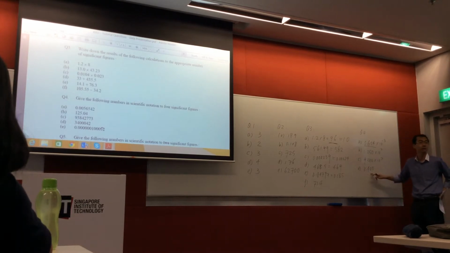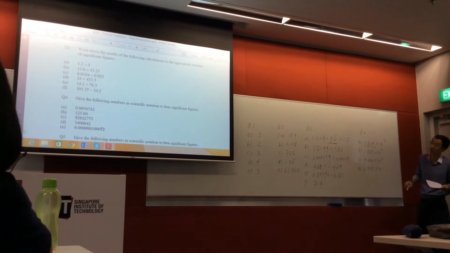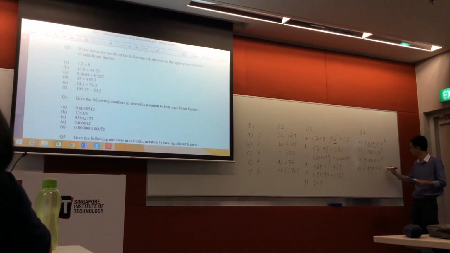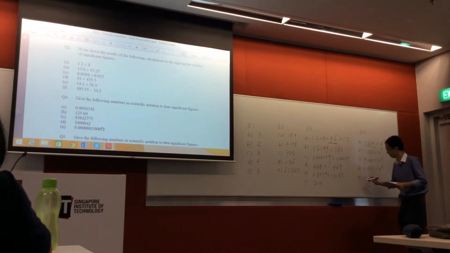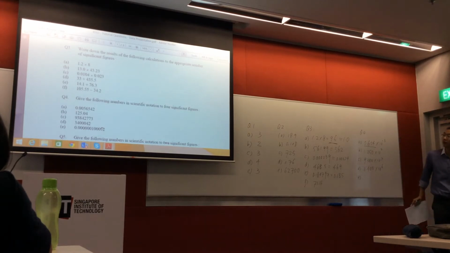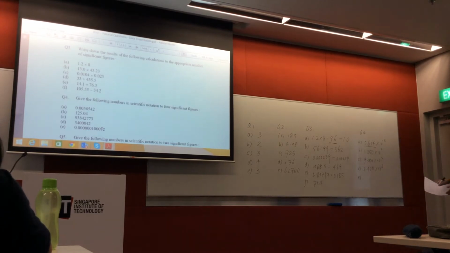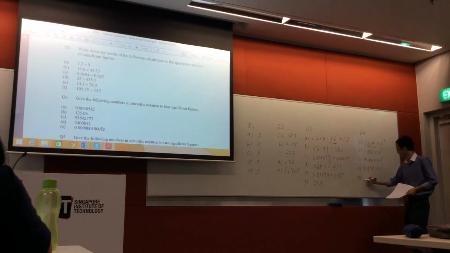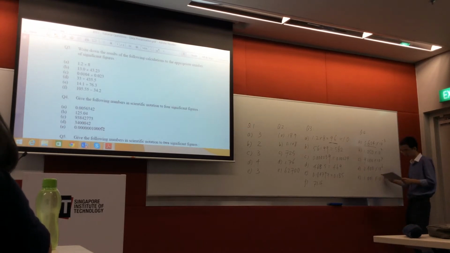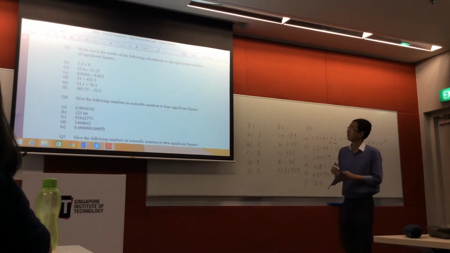Yeah. You need 2 more zeros. Times 10 to the power 6. And the last one will be 1.001, right? 4 significant figures, times 10 to the power minus 7. Right.